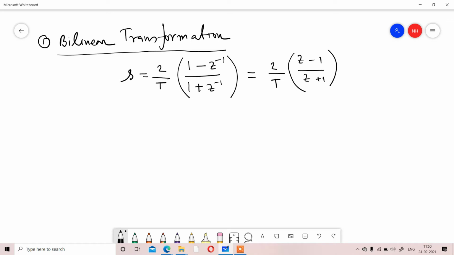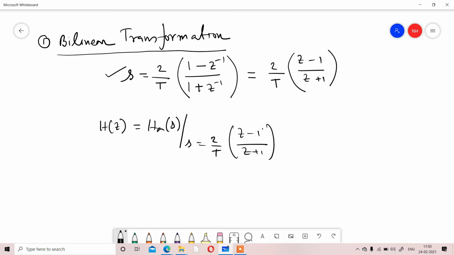So simply, whatever transfer function H(s) is given, just replace the value of s by 2/T (z-1)/(z+1), and you will get H(z). Just do that process.